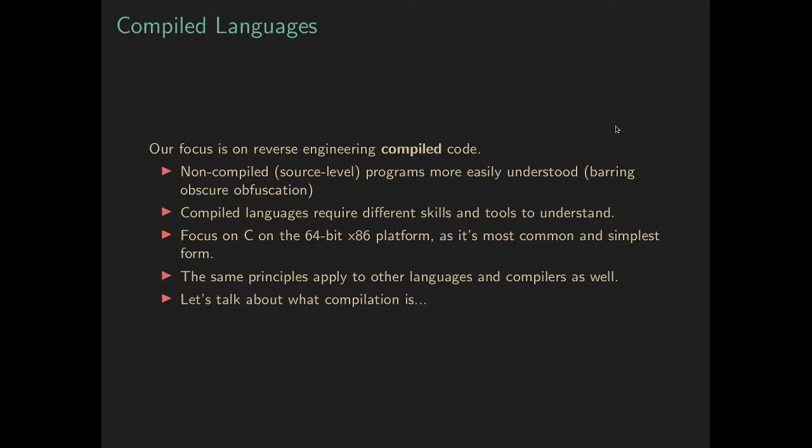Non-compiled programs are usually easier to read, unless you obfuscate them. With compiled languages, you require special tools to read the code and understand it. We're just going to focus on C because it's the simplest compiled language, but you can apply these same principles to other languages and compilers, though they'll be a little bit trickier.